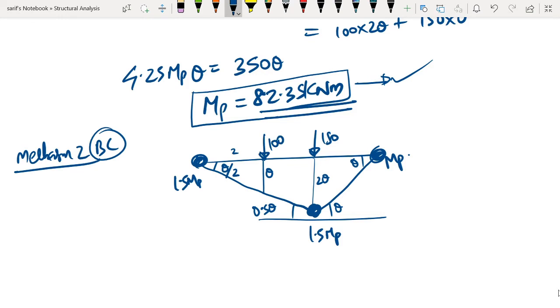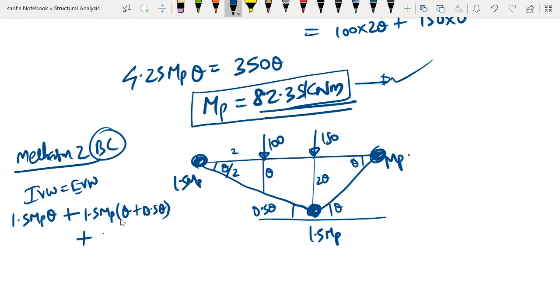Writing the virtual work equation, internal virtual work is equal to external virtual work. The internal virtual work is 1.5 MP multiplied by theta plus 1.5 MP multiplied by theta plus 0.5 theta multiplied by MP into theta. This is equal to 100 multiplied by theta plus 150 multiplied by 2 theta.